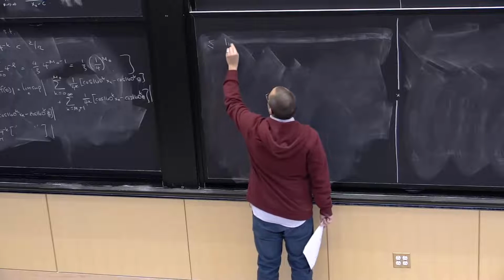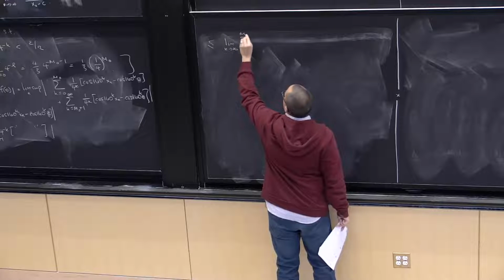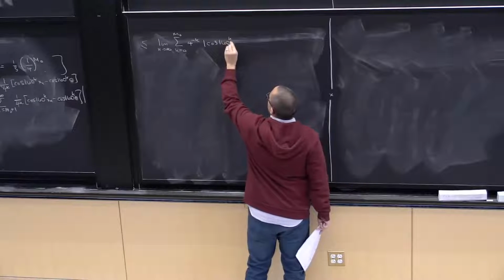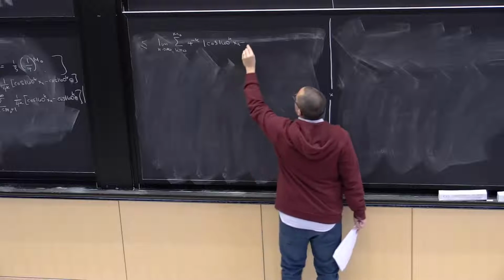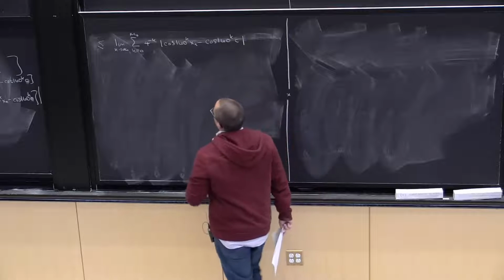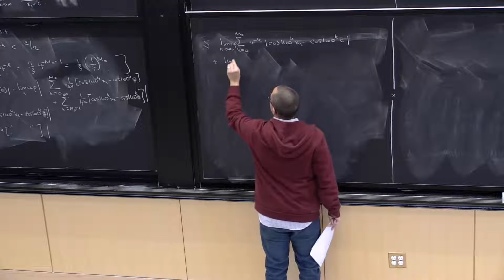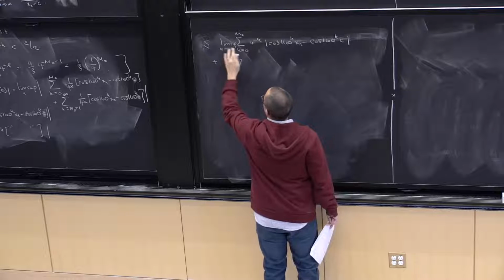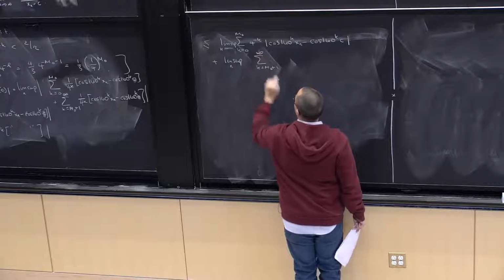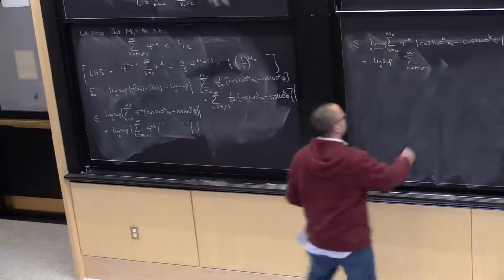This is less than or equal to the lim sup as n goes to infinity of the sum of the absolute value of cosine of 160k x sub n minus cosine of 160k c, plus the lim sup of the sum from k equals m0 plus 1 to infinity of the absolute value of the same thing.